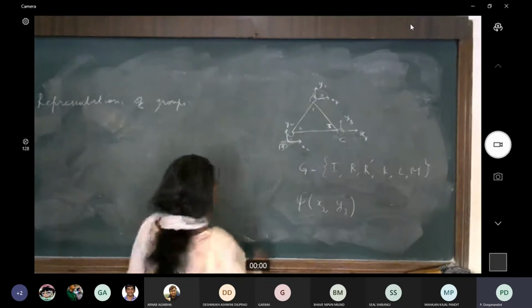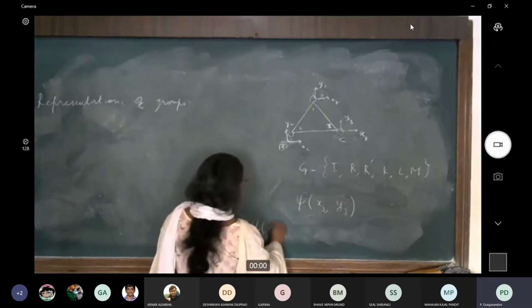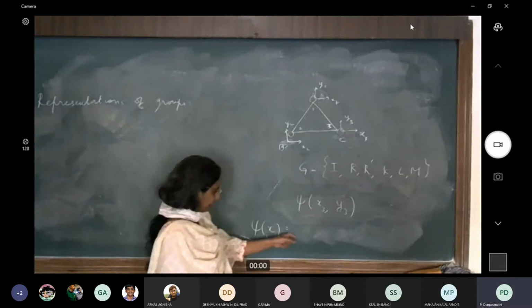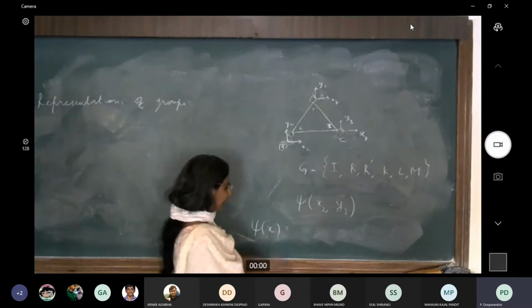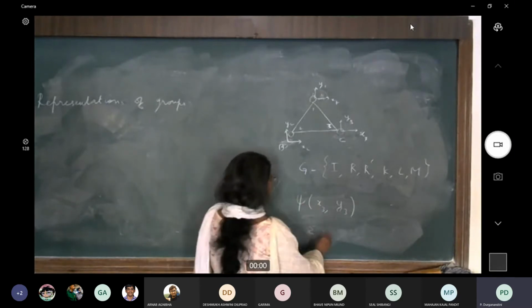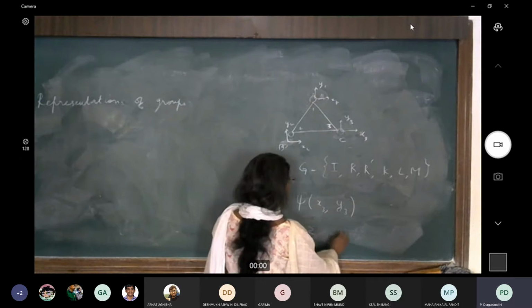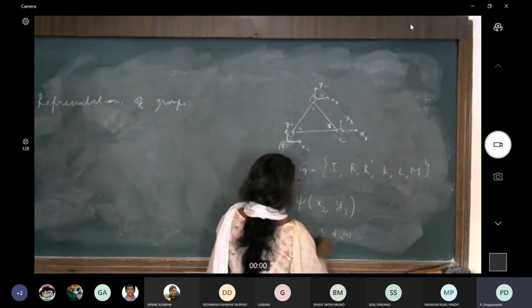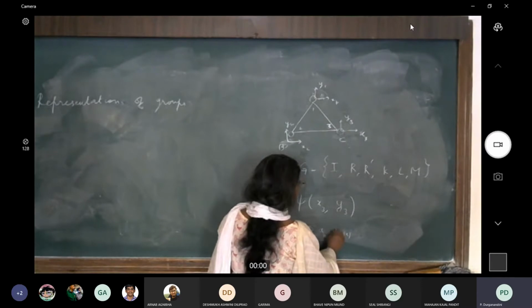Now, if I take one dimension, this psi of x, of course, you can expand. Suppose I just take a one-dimensional wave function. In one-dimensional space, of course, you can write it in terms of some basis sets, which are like phi n of x, with some coefficients a n. Okay, this I can write down.